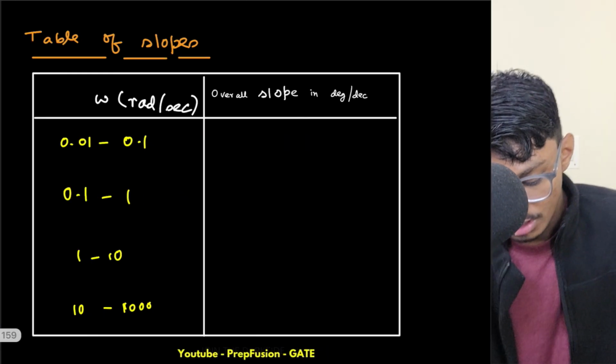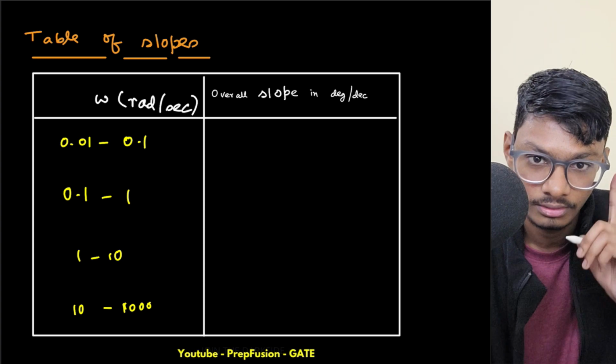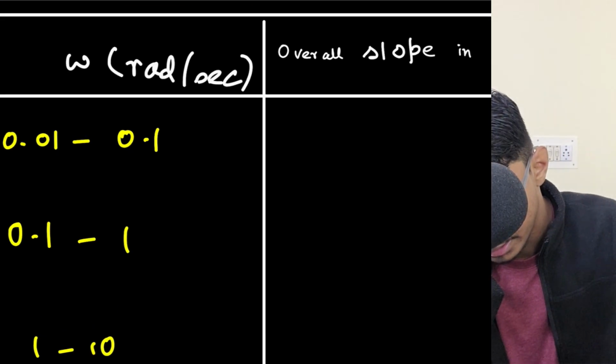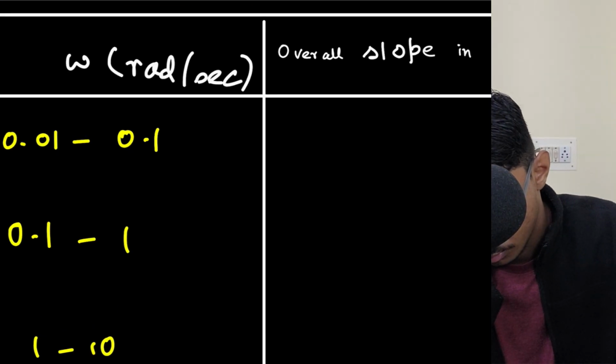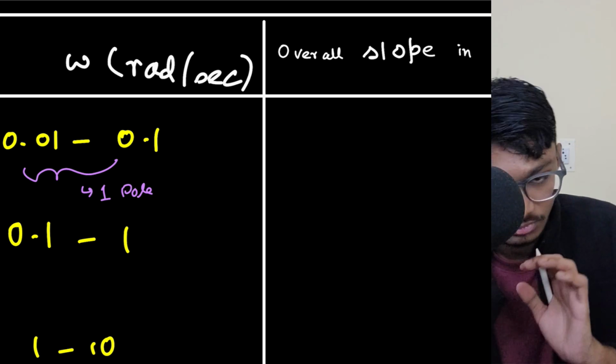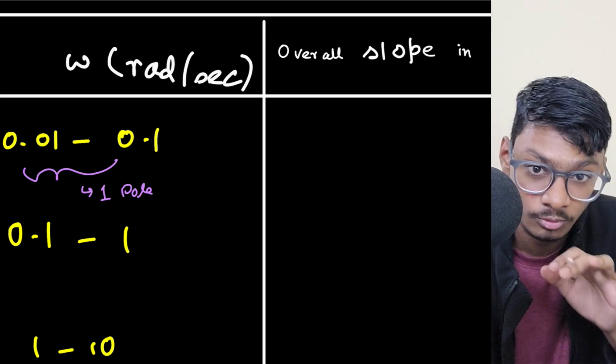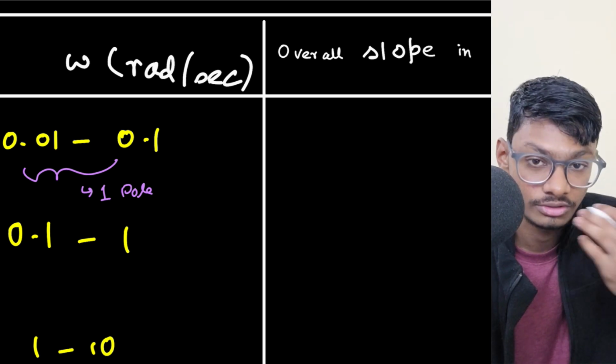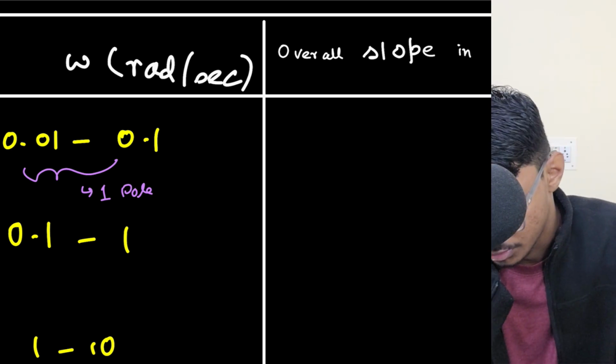So in this region I have only one pole present. So I can write here, in this region only one pole. It's not actually the pole present, it's just the angle contribution of the pole.